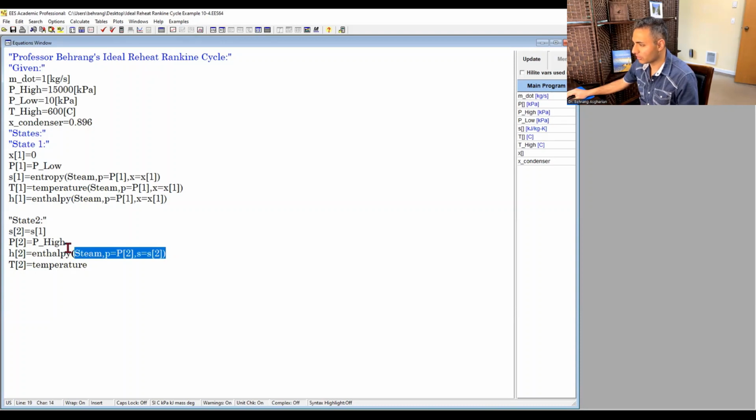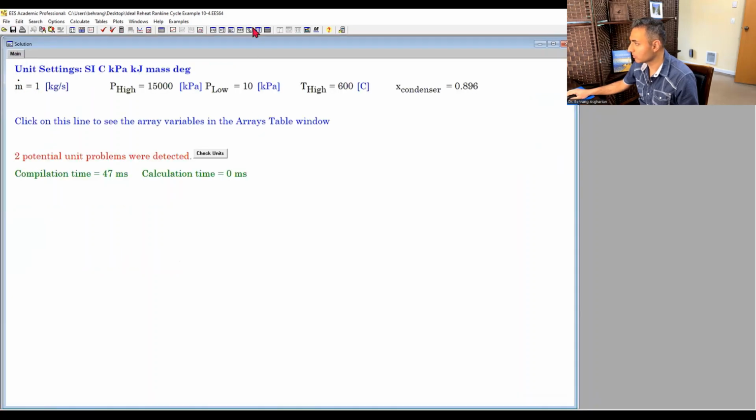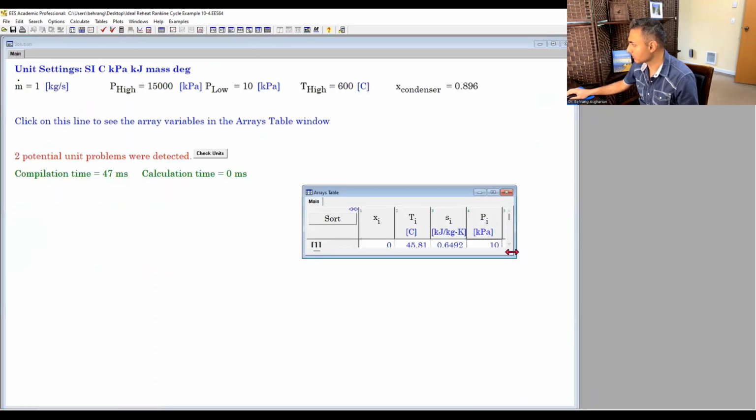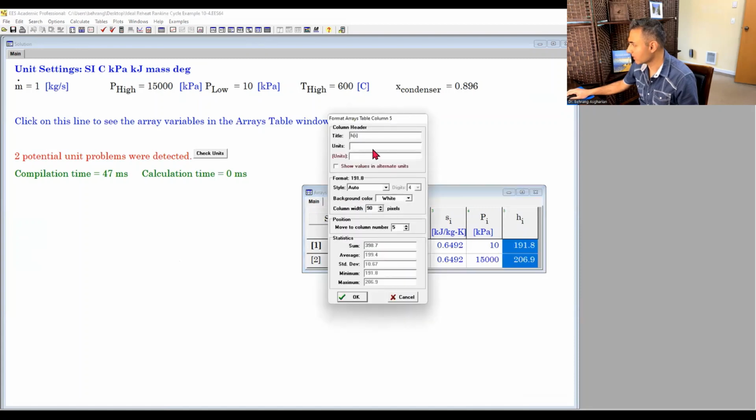Temperature, I can just copy this, Control C, and then Control V. I got it. Not a problem. S2 is S1, S, P, H, T, the 4 things that I usually need. I have them. What do I do? You save it, you run it, you make sure there's no unit problem. I know where the unit problem is because I added enthalpy, and I need to add the unit for it. That would be kilojoules per kilogram.